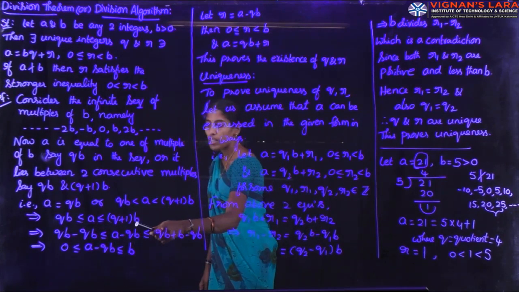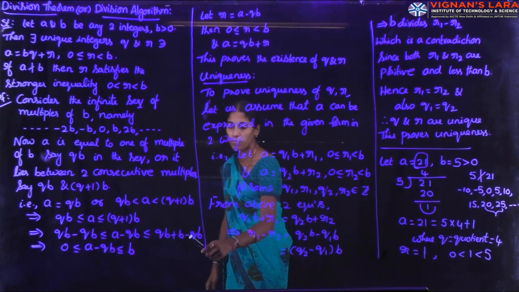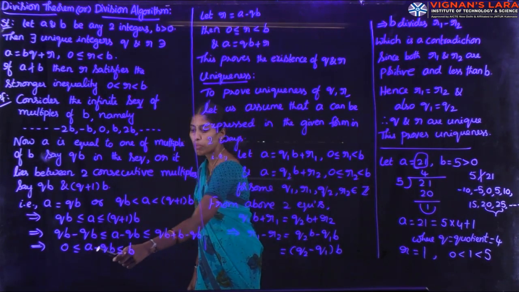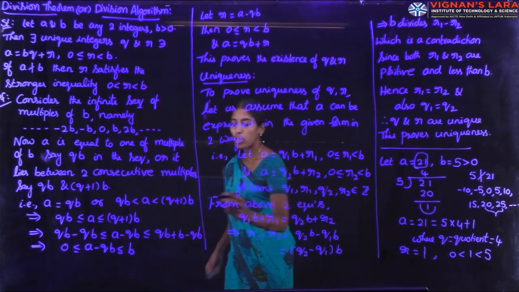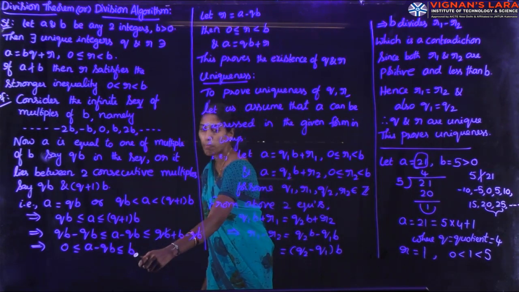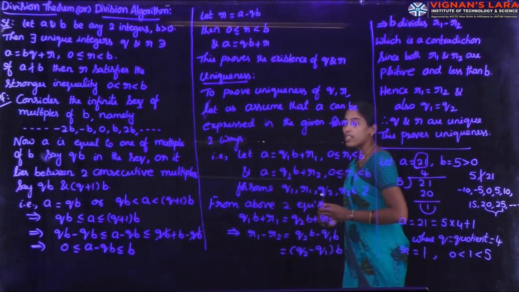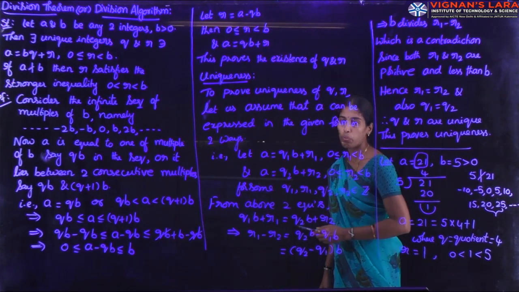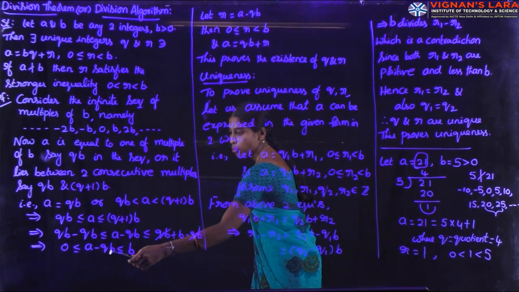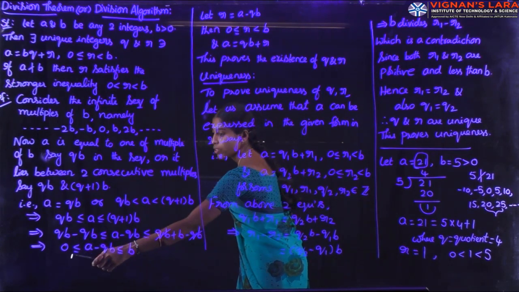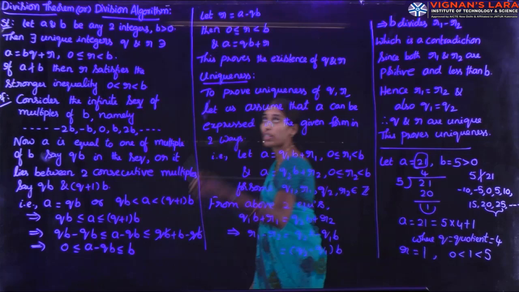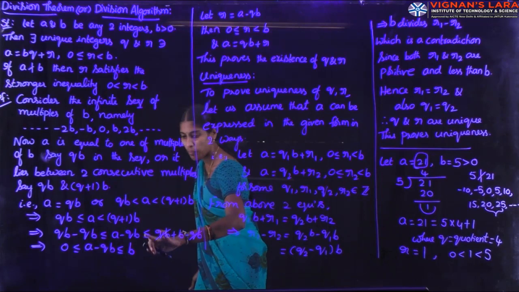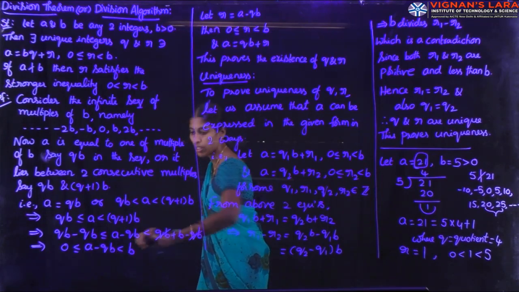Throughout the inequality, subtracting QB from the three terms, the first term becomes 0, the second term is A minus QB, and in the third term QB gets cancelled, we get B. So now let us take R is equal to A minus QB. Now A minus QB, put here R, it becomes 0 less than or equal to R less than or equal to B. Sorry, it is only a strict inequality, right?